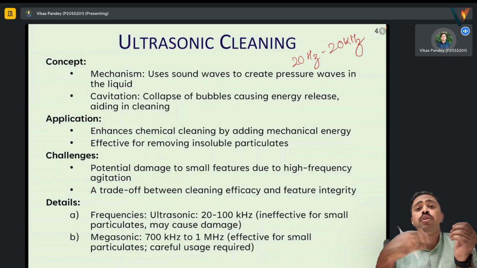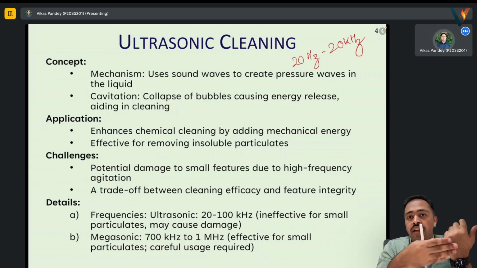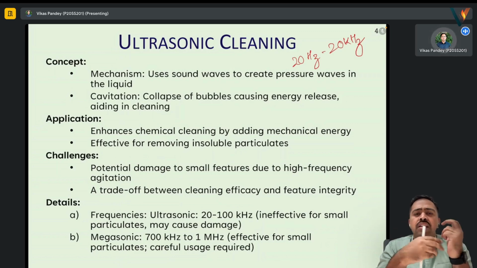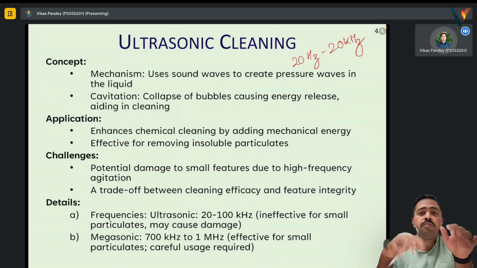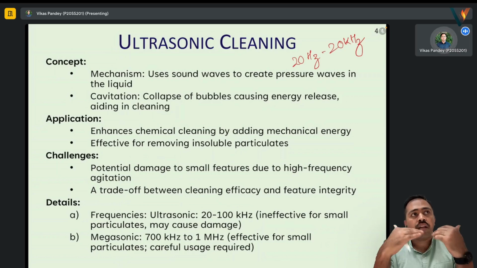So frequencies beyond this range are used to clean. Since they have higher frequency, they will have higher energy. These are basically sound waves that create pressure waves in the liquid, typically water, acetone, or IPA.